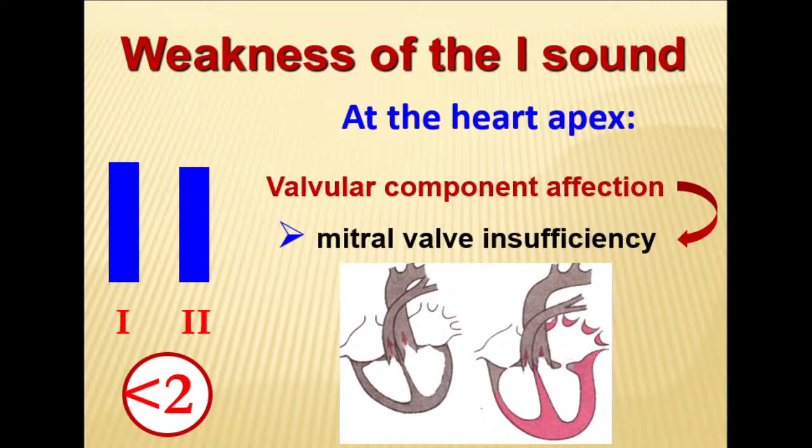And this heart defect has 2 names: depending on pathomorphology, mitral valve insufficiency; depending on pathophysiology, mitral regurgitation. The closing of the mitral valve becomes inaudible because the valve is not closed. No valvular component. Minus one component, decreased intensity of the first sound.